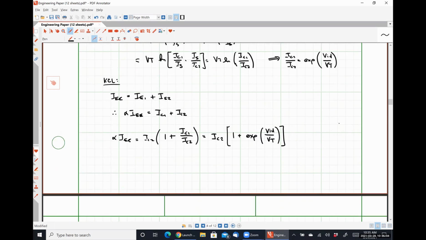Rearranging ever so slightly, I get IC2 is equal to alpha IEE divided by 1 plus EXP VID over VT, right?